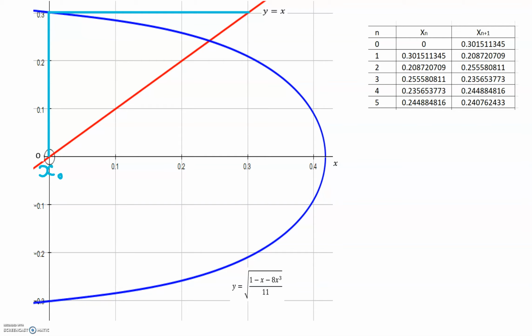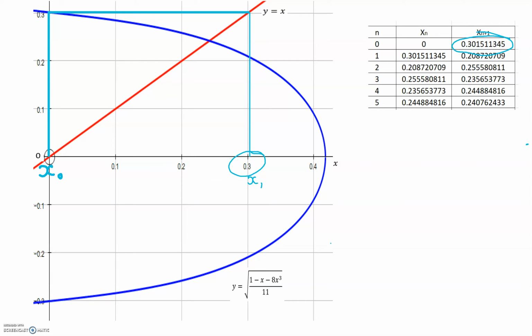If you look at roughly what the value of x is at this point, if I draw a line down, you can see that it's just over 0.3 as a new x value. This is our x1, remember. And this is confirmed by our table on the right, which has our x1 value as 0.3015, so just over 0.3.